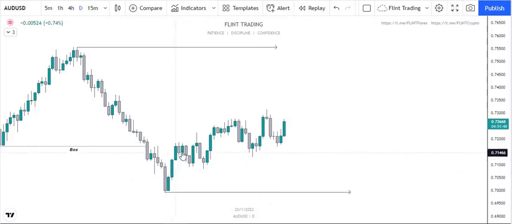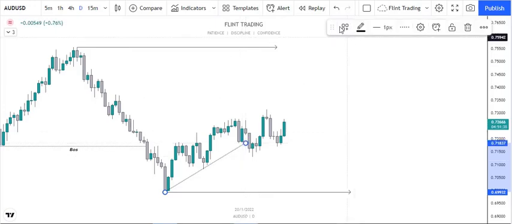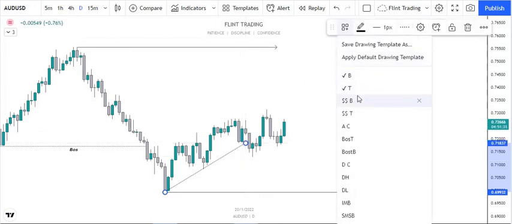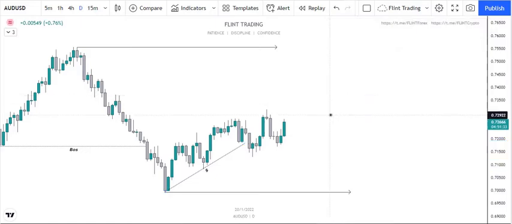Now price was correctively going upside, but when I saw this thing right here, if you notice, this was more like liquidity. This was a trendline liquidity. What price did was, instead of respecting that and continuing upside, it broke down, it tagged out all the liquidity which was present down here, and it again went up.